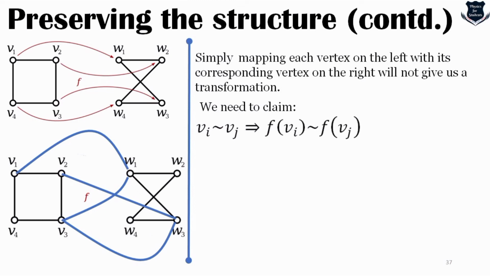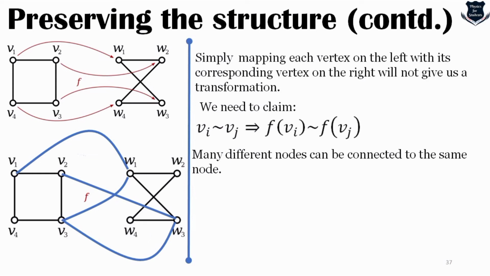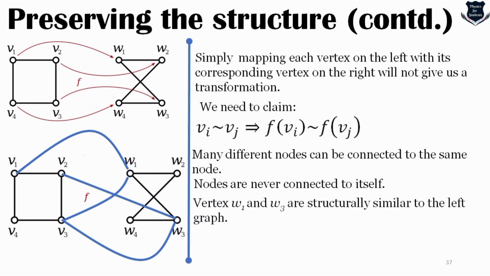So what we actually find here is that the right hand side, the lower subgraph consisting of vertex W1 or W3, is structurally similar to the left.